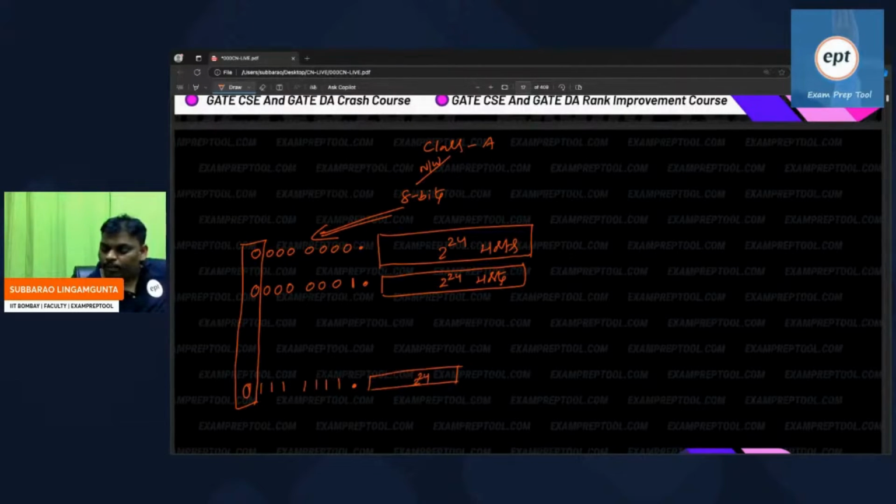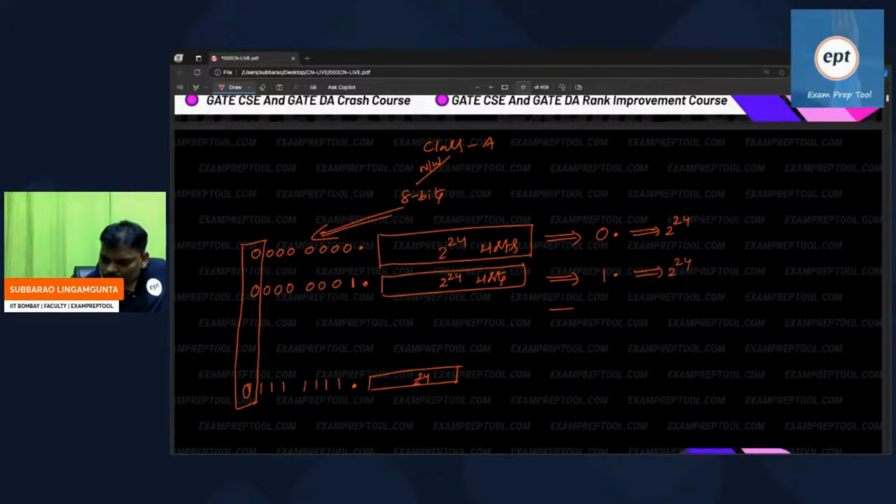Now, if I simplify, see this one, now I am writing every one lesson. Class 0 network, 2 power 24 possible. Class 1 network, 2 power 24.